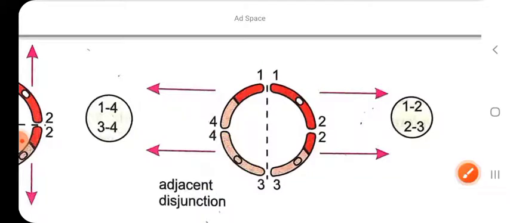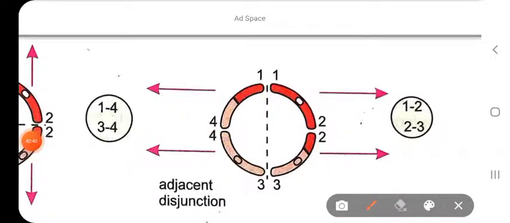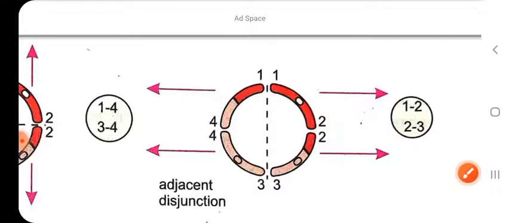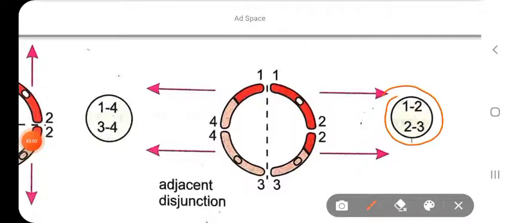Suppose in this case the gamete is receiving what? The gamete is receiving 1 2, which is normal, and it is receiving 2 3. That means segment 4 is missing. So the gamete which forms here has a deleted region of 4.